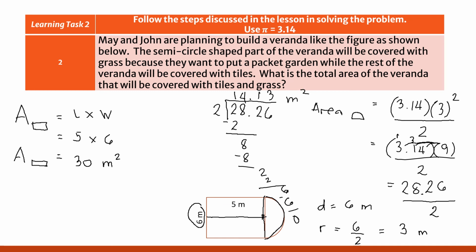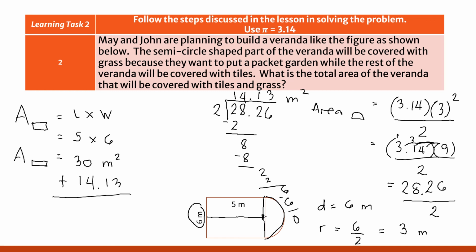So, kanina, meron tayong area of a rectangle. At sabi natin kanina na to get the total area of the veranda that will be covered with tiles and grass, kukunin ang area of a rectangle, tapos i-add yung area of a semicircle. So from 30, i-add na natin dito yung area of a semicircle, 14.13.